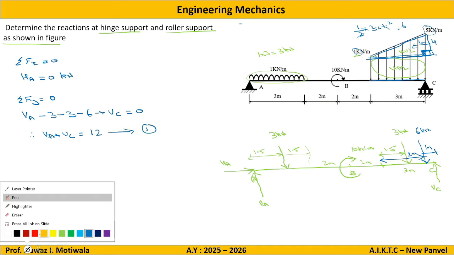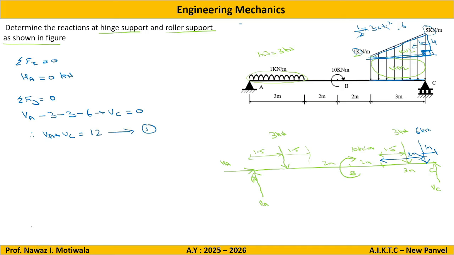Now regarding moment you can take at any point, but I can see here that there are two forces at this point A, so I will take moment at point A itself. Summation of moment at point A should be 0. These two forces pass through the same point A, so moment will be 0. This is making a clockwise moment, so it will be minus of 3 into distance from point A, which is 1.5.